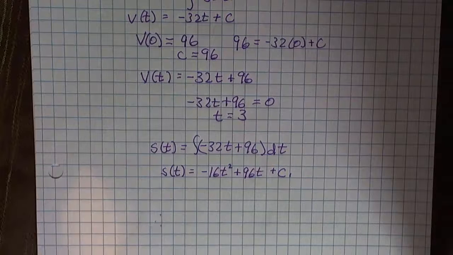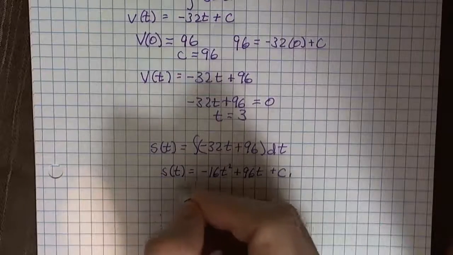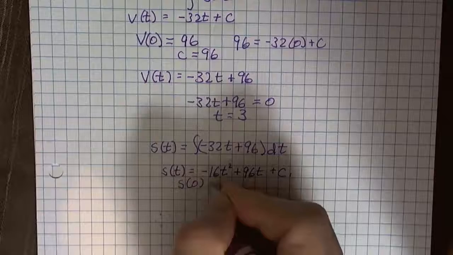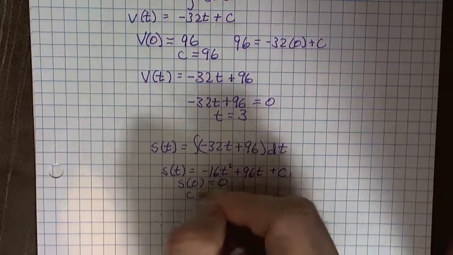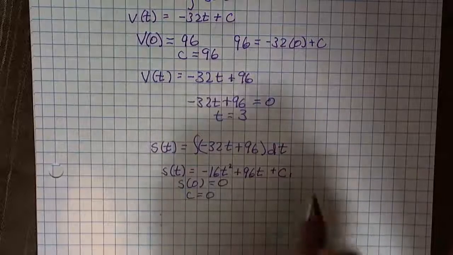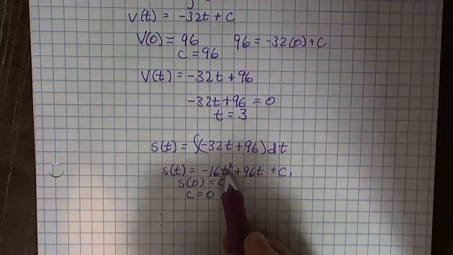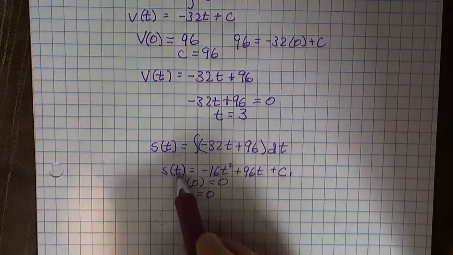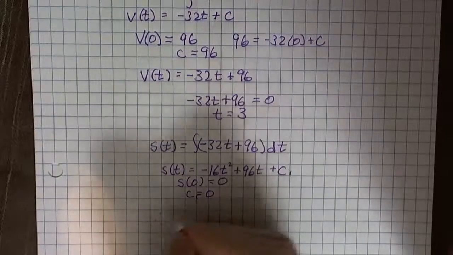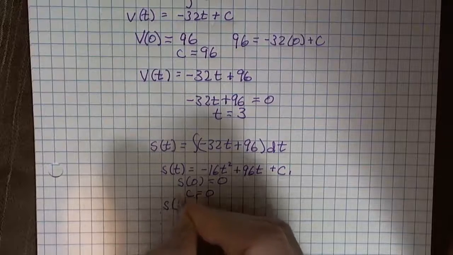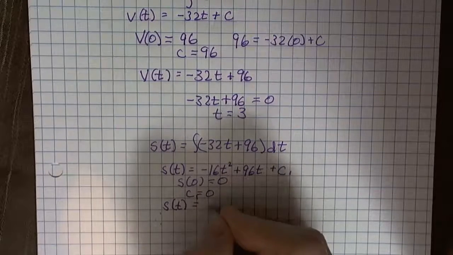Now this time, the initial height, we launched this ball from the ground. So we know that s of 0 is equal to 0, so the constant is equal to 0. If we put a 0 in for t and a 0 for s of t, we just get c1 equals 0. So now here is our function for position of the ball.